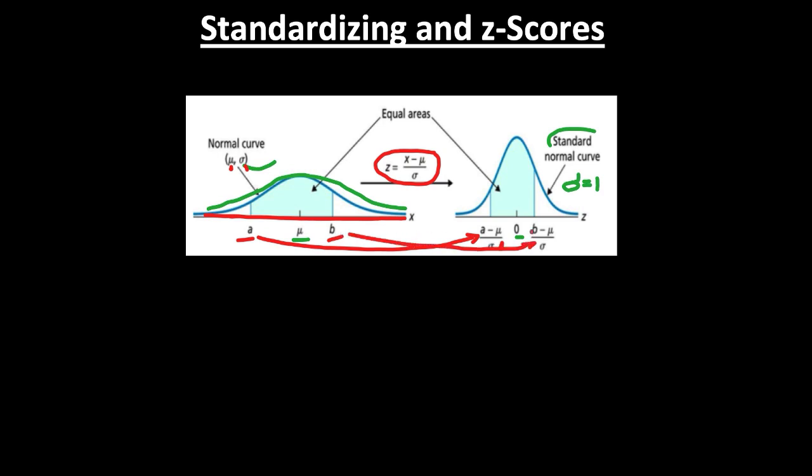In the same way, B minus mu over sigma. And the area under the curve between A and B is the same as this area under the standard normal curve between A minus mu over sigma and B minus mu over sigma.